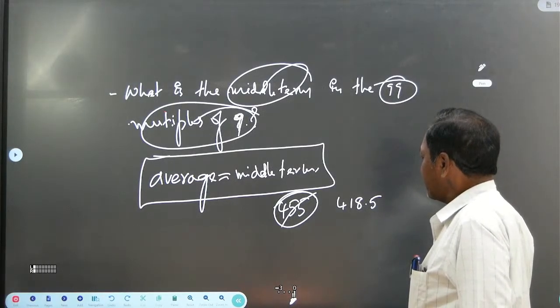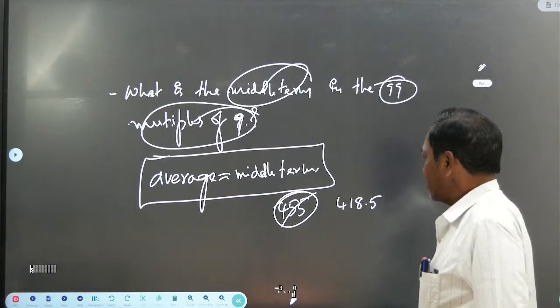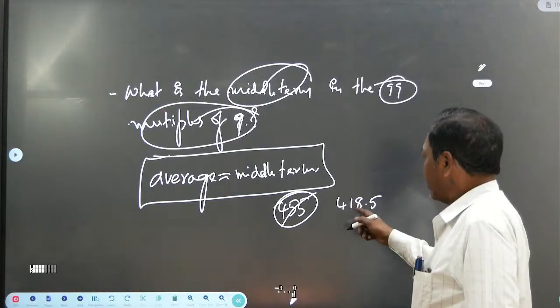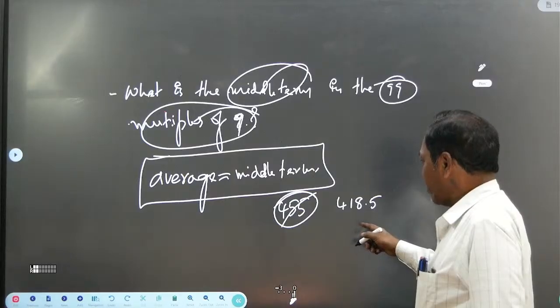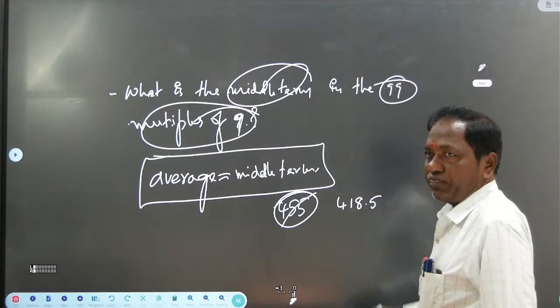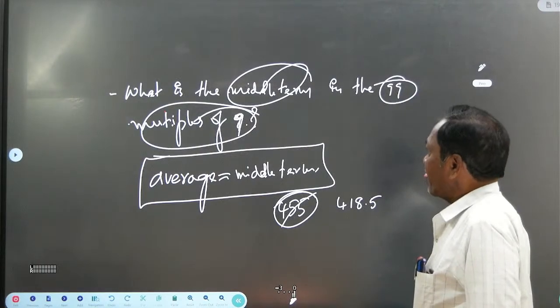Still not a multiple of 9. What is the middle term?